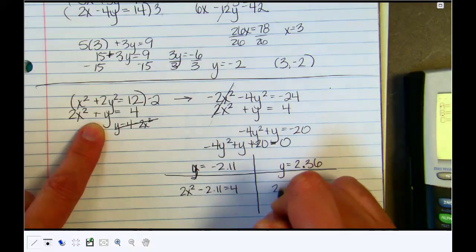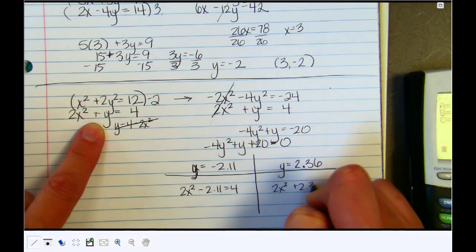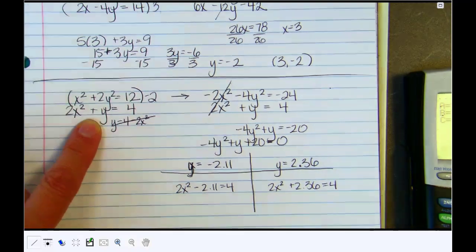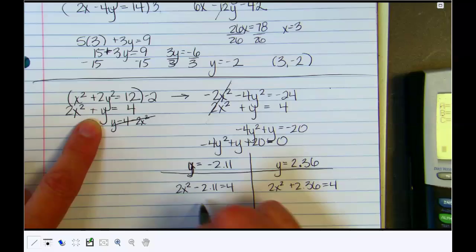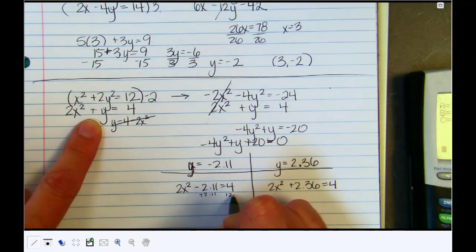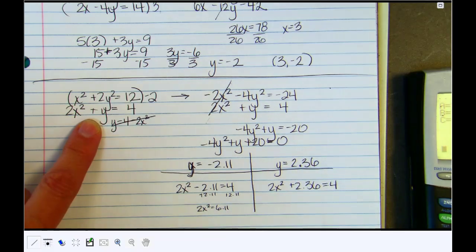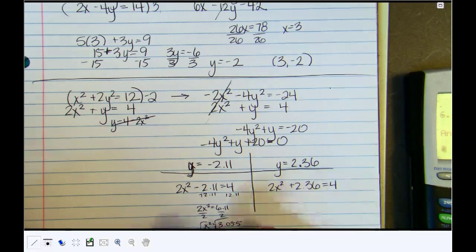So you got to add 2.11, and then you got to divide by 2 before you square root. So x squared is equal to 3.055. Okay, when you square root, how many answers does that give you? 2. This is plus or minus 1.75.